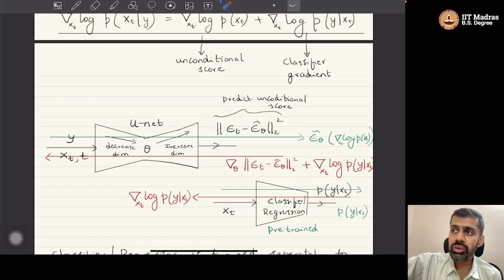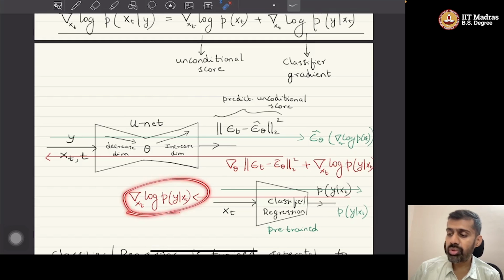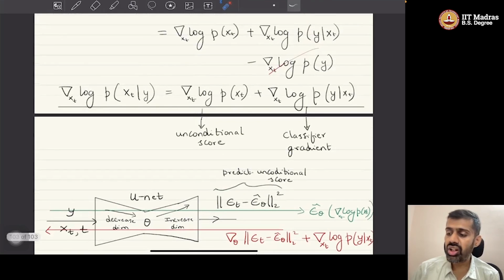Okay. Now the problem with this formulation is that the quality of this entire procedure depends upon how good this classifier is, right? Because if the classifier is not trained properly, then you don't get this gradient properly, and if you don't get this gradient, then you are not estimating the conditional score in a proper way.